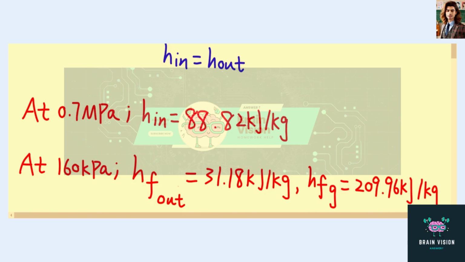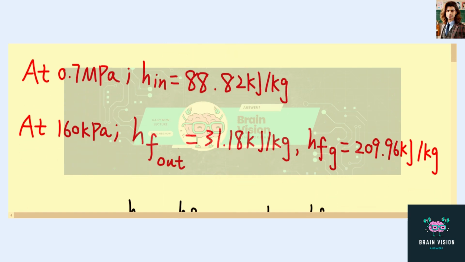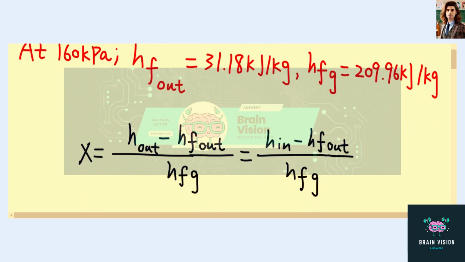So at a pressure of 0.7 megapascal, we'll have the enthalpy equal to 88.82 kilojoule per kilogram. And then at pressure 160 kilopascal, we'll have the enthalpy of formation, which is hf out here, equal to 31.18 kilojoule per kilogram. And the specific enthalpy of evaporation, which is hfg here, is given as 209.96 kilojoule per kilogram.